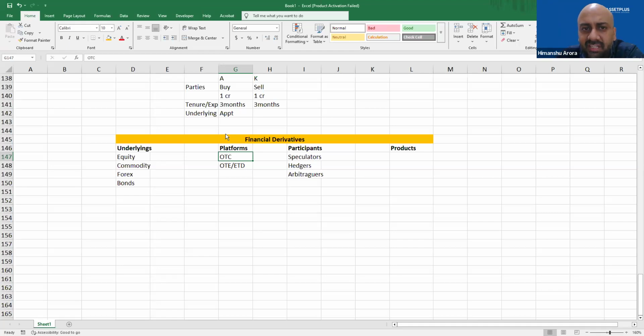No stock exchange is involved in this. When you are doing it individually among yourselves, or meeting through a broker, some other channel, NBFC, whatsoever, that's an OTC contract. And when you enter into a contract through an exchange, the ones that we just saw are an example of exchange-traded derivative contracts.